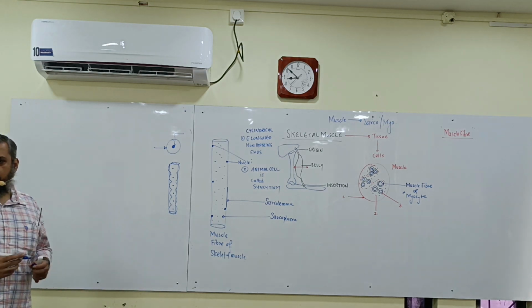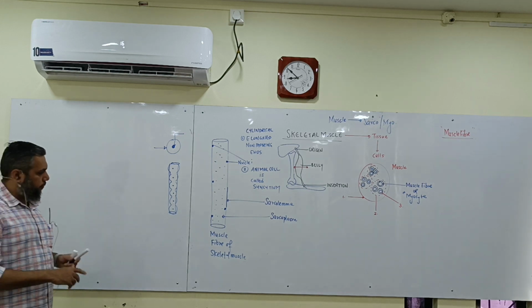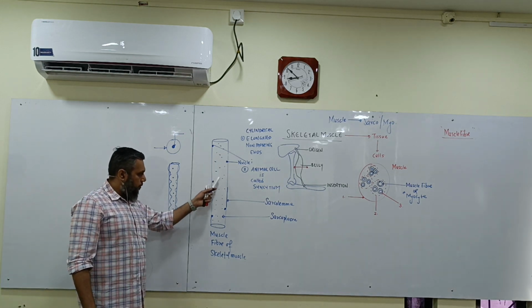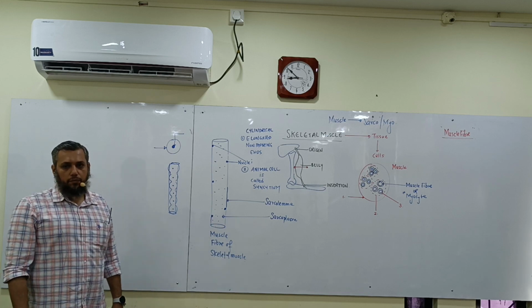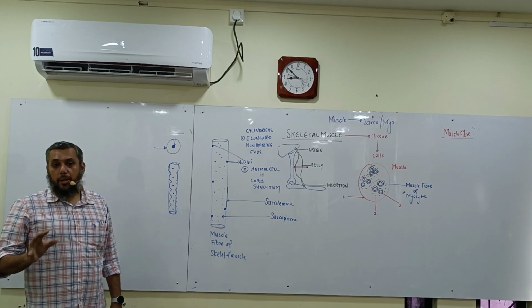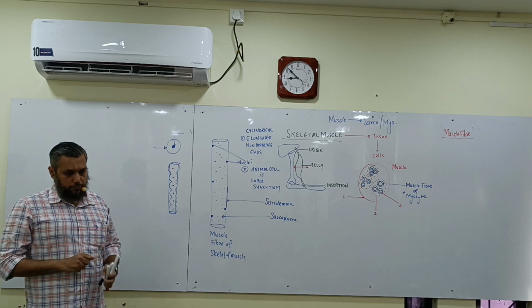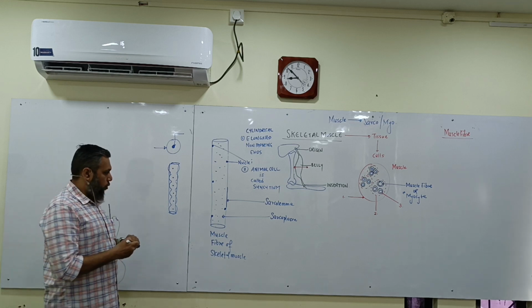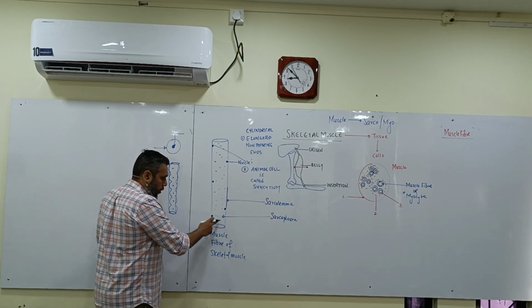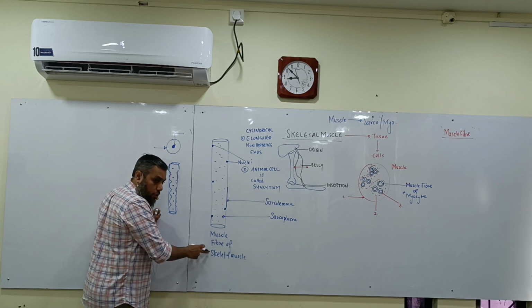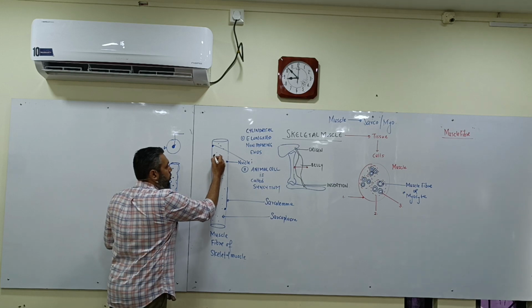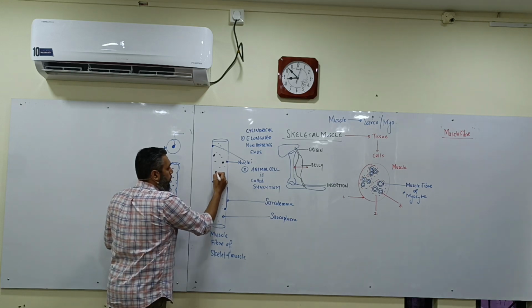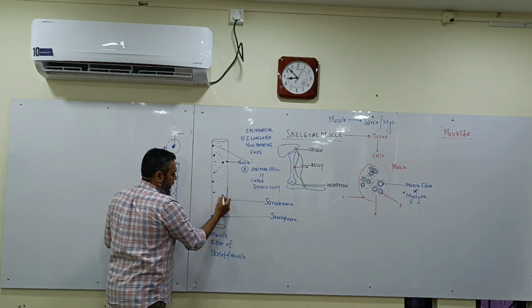Now look at the beauty of the sarcoplasm. The sarcoplasm of the muscle shows the presence of many mitochondria. Okay? So one of the specialities of the muscle fiber of the skeletal muscle is that it has abundant mitochondria.